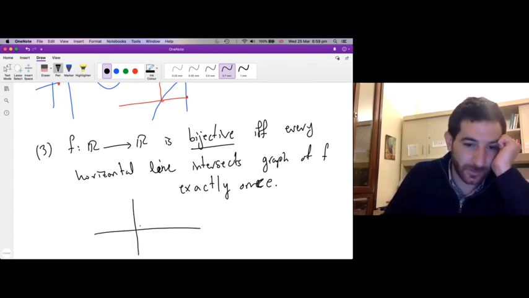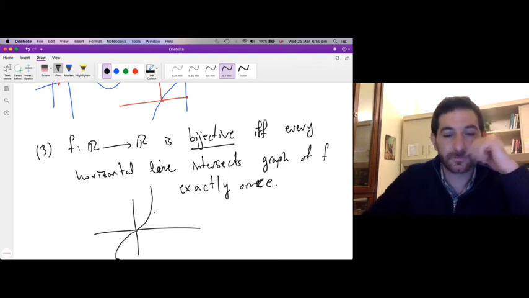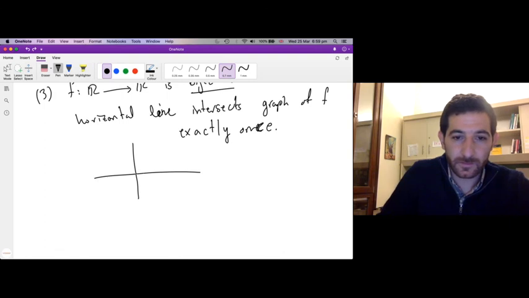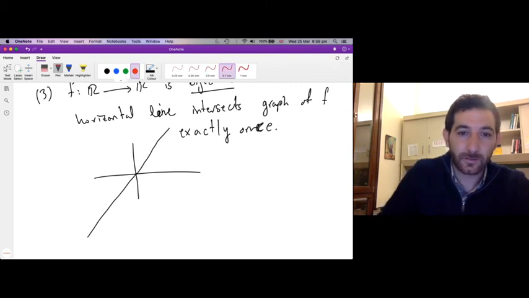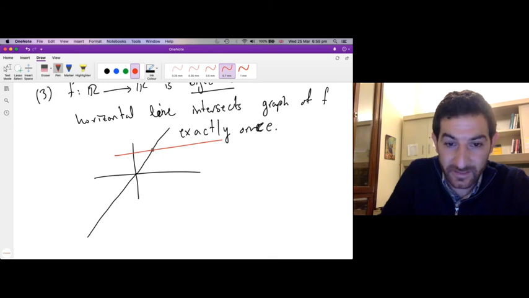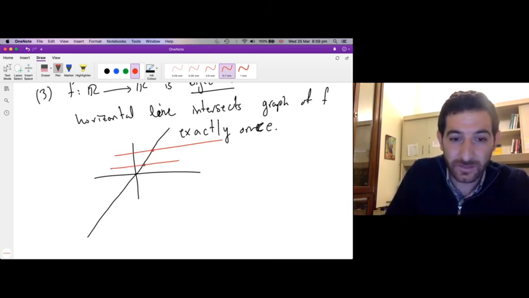Okay, so we can think, for example, of this function. Look at this function, for example. And now, whenever we draw a horizontal line, it intersects the graph exactly once, which means that every point in the codomain has exactly one pre-image.